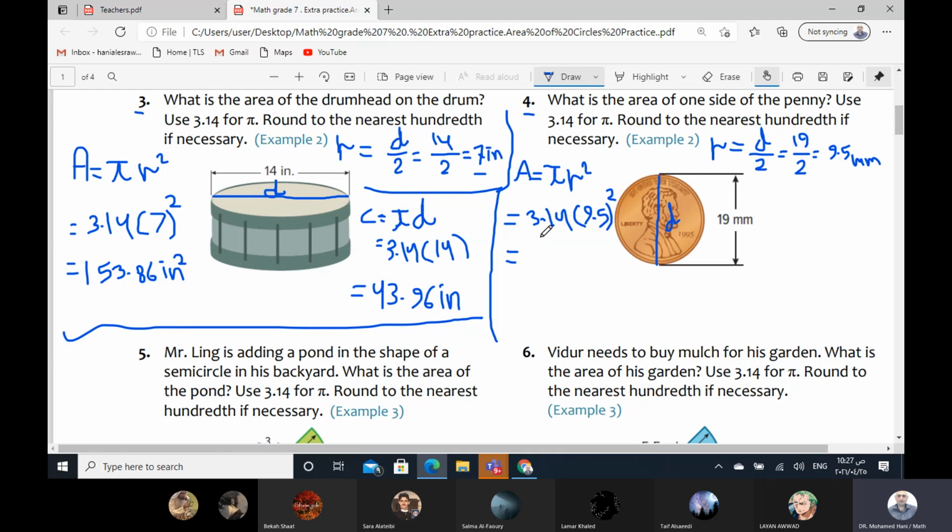We have 3.14 times 9.5 squared, which means 9.5 times 9.5. So the answer will be 283.385 millimeter squared.